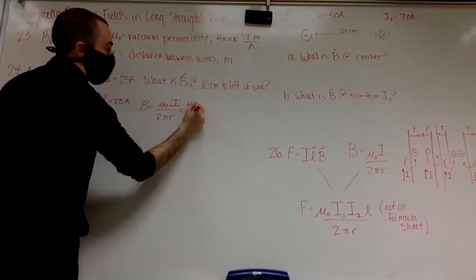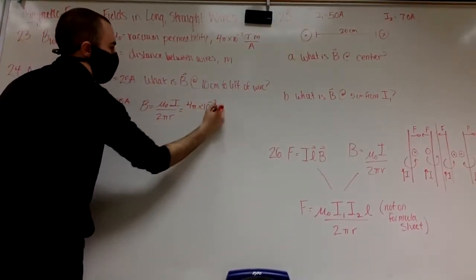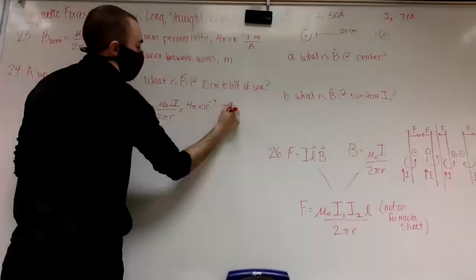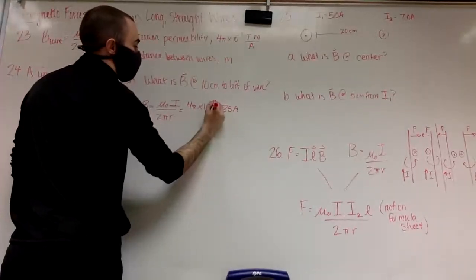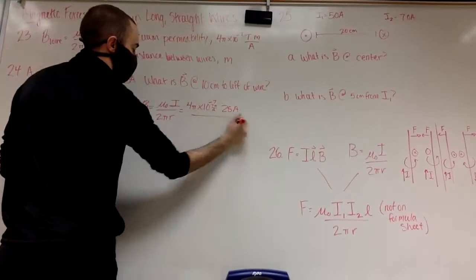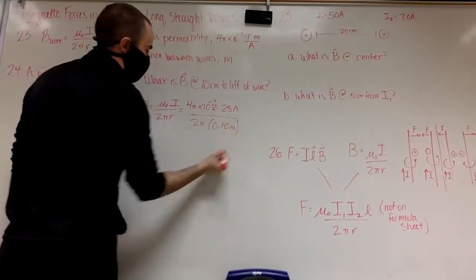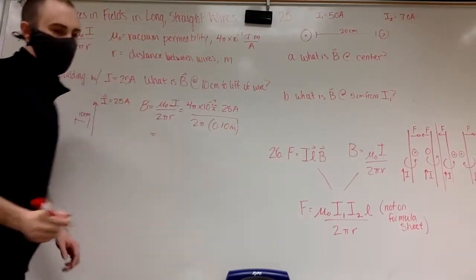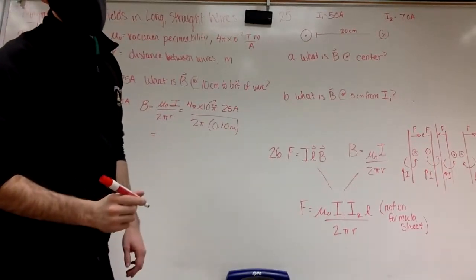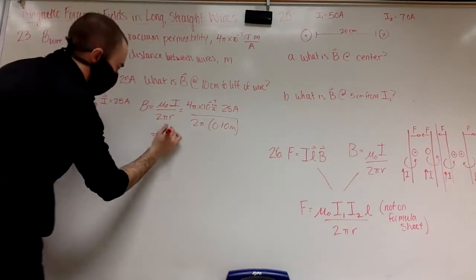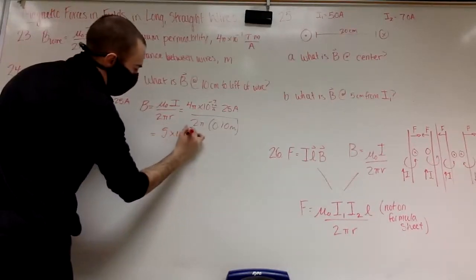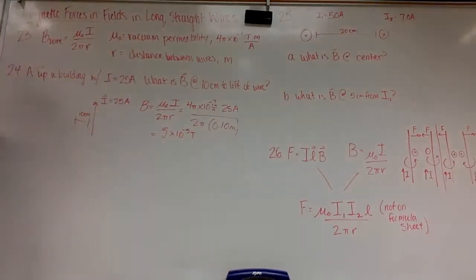So that's going to be 4 pi times 10 to the minus 7 times 25 amps, and this is Tesla meters per amp. On the bottom, we've got 2 pi and 0.10 meters. Cool beans, when we plug all that in, I get a magnetic field strength of 5 times 10 to the minus 5 Tesla, which just happens to be Earth's magnetic field strength, or approximately that.